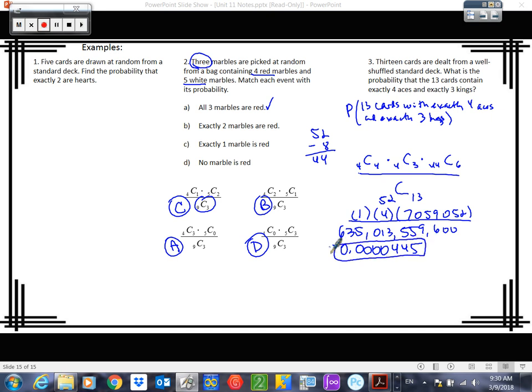Maybe you like scientific notation better. That's okay too. So 4.45 times 10 to the negative fifth. Either of those answers are acceptable. The E answer is not. Okay? How are we doing? Everybody okay? All right.